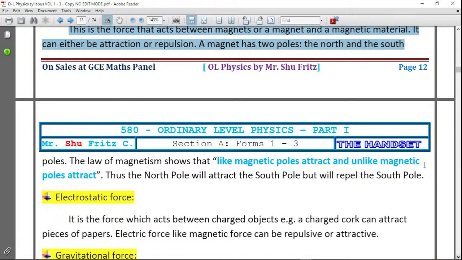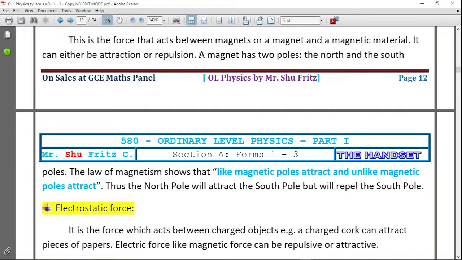Now, a magnet has two poles, the north pole and the south pole. The law of magnetism states that like magnetic poles repel and unlike magnetic poles attract.